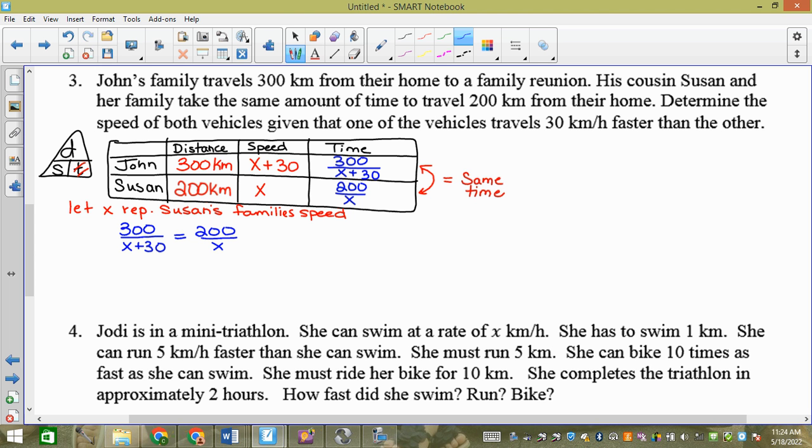How do I make a common denominator? One's a monomial, one's a binomial. Can we make them be each other? No, so we have to multiply them by each other, correct? So you're going to multiply this one by x and this one by x plus 30, which is still a nice one. Still not going to make us have problems. So this one we're going to multiply by x, and this one by x plus 30.